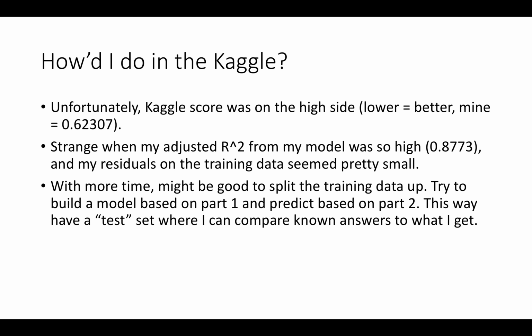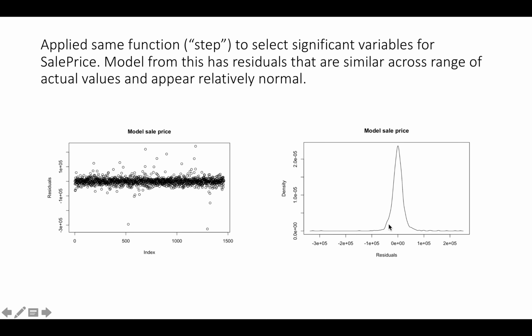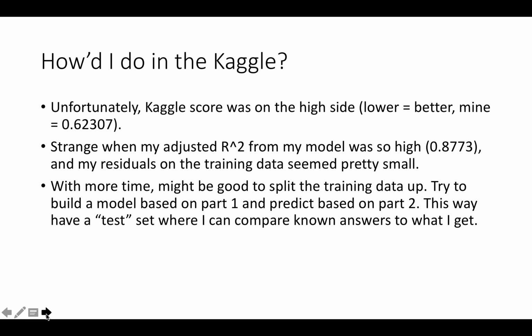Mine was on the higher side, 0.62307, which is a bit strange because my adjusted R-squared for my model was so high. And even if that R-squared was somehow inflated due to collinearity within my variables, my residuals from the training data also seemed pretty small. You'll see here, it's not like I'm frequently off by like 50, 100,000. They seemed pretty close to me.